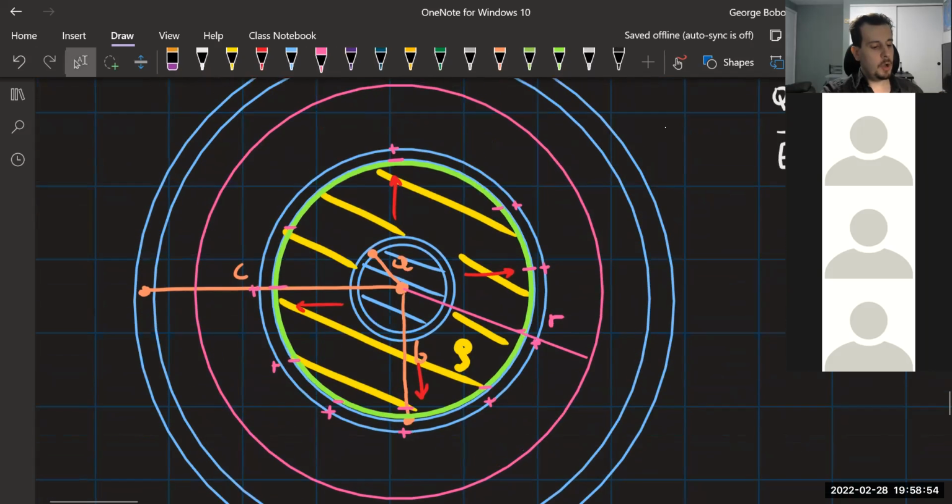Okay, now how much charge should be on each of these plates here? That's what we want to figure out. Can any of the four of you guess how much charge should be in each of these shells? Take a wild guess.